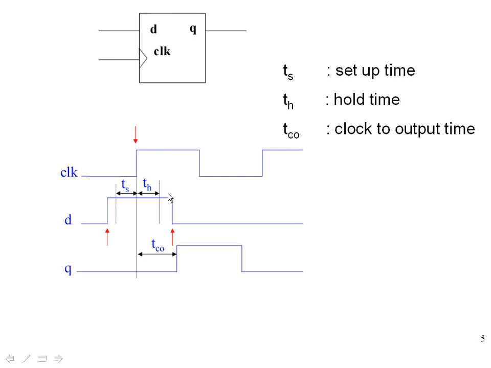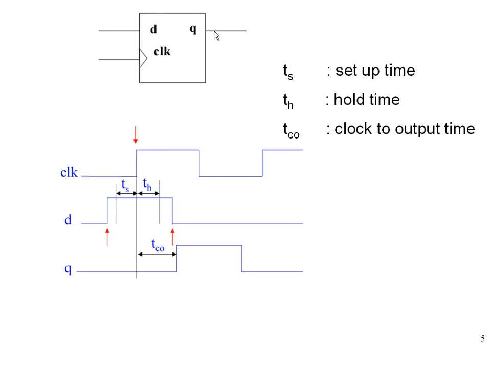What happens if the value is not stable within this window, setup plus hold window? Then the circuit may get into metastability. What is metastability? It is something like the circuit output won't settle to 1 or 0 quickly. It will take a longer time and will settle to 1 or 0 based on some random phenomena. We don't know what phenomena.